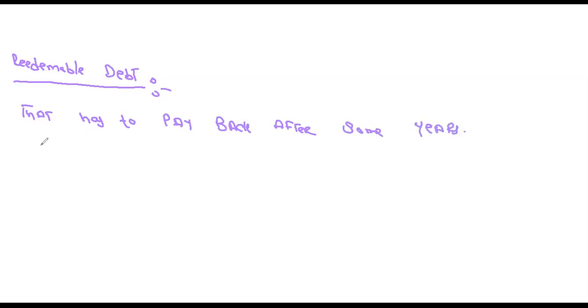For example, we have 5 years, year 1, 2, 3, 4, 5.